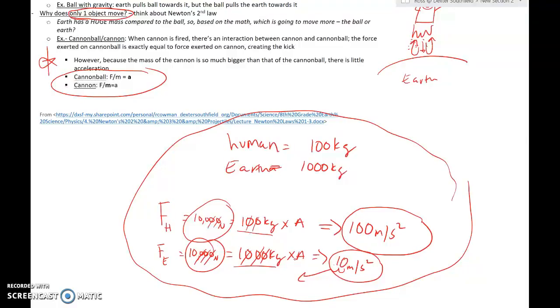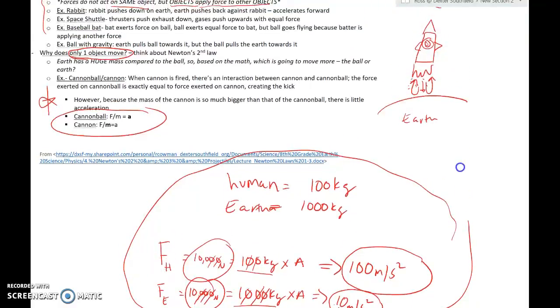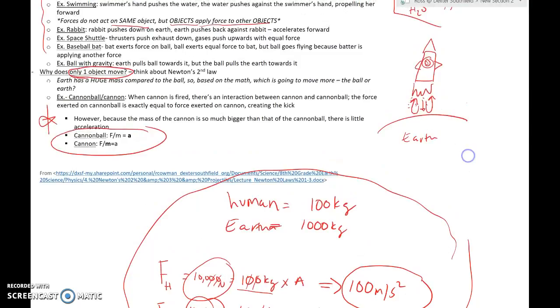So we see the cannonball accelerate a lot more than the cannon. Just like when you're jumping, we see only the human accelerate, though the Earth does accelerate a fraction of a billionth of a centimeter. So basically 0.